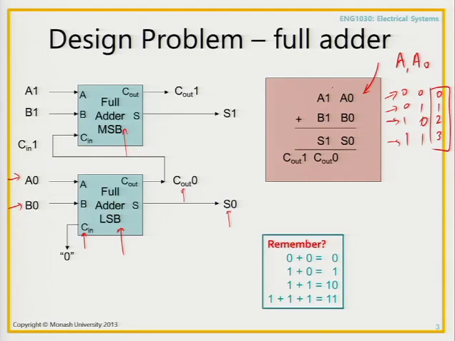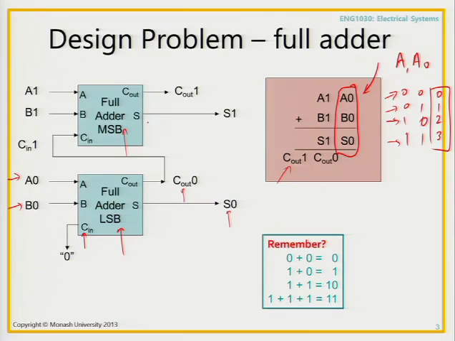So what we're saying is that if I have two numbers here, represented by A1, A0 and B1, B0, I should be able to give a total sum of those two numbers using binary addition and a carry out. The carry out is the carry over if I add two ones together or three ones together. So the way you design this is you design a circuit that does it for one bit, and then you can cascade them.